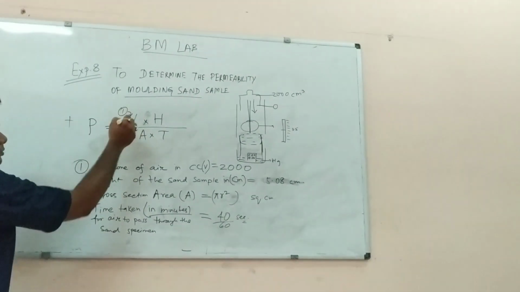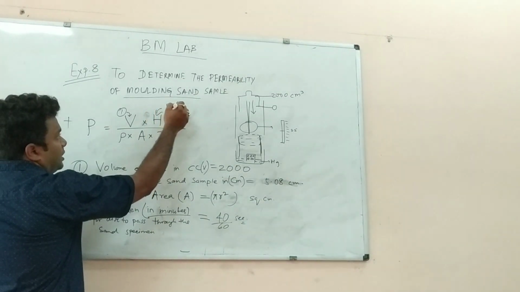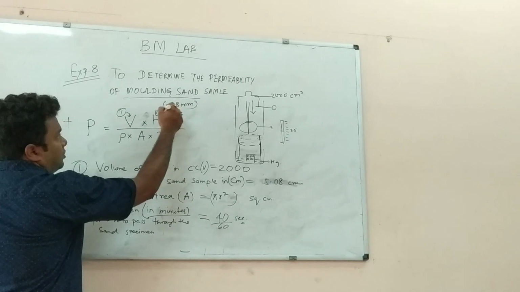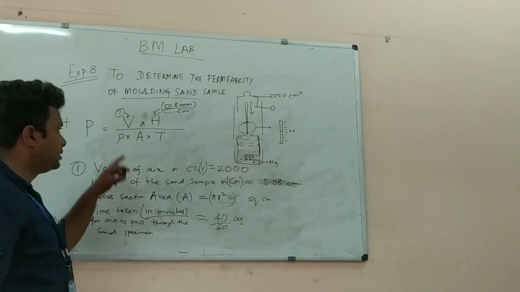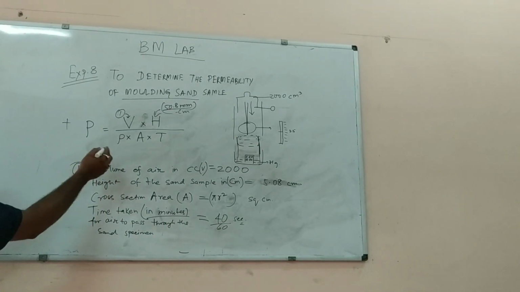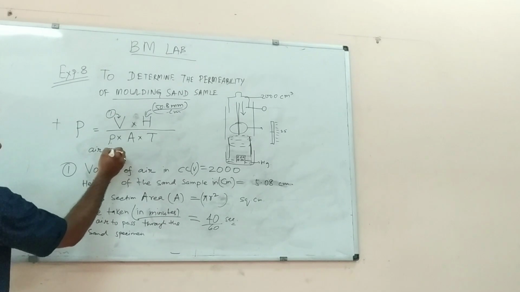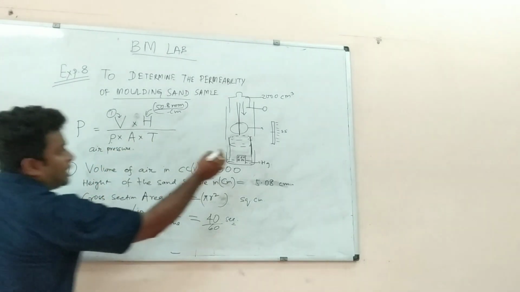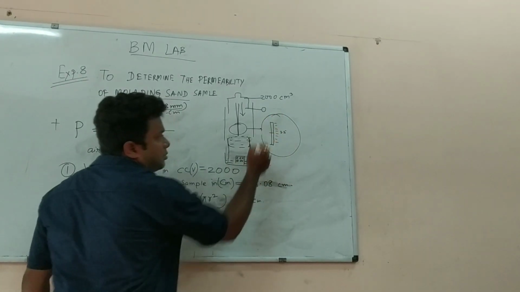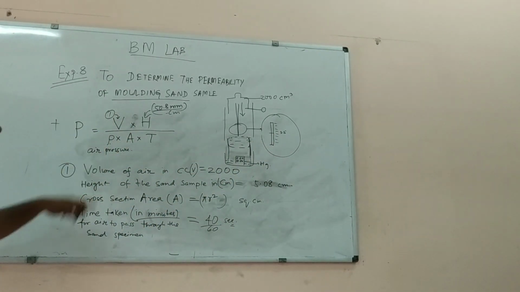where V is nothing but the volume. H is the height of the sample, that is 50.8 millimeter, and you have to consider it in centimeter. Then we have small p, that is the air pressure, which we have seen during the experiment. This air pressure was 3.5, so the value of small p is 3.5.